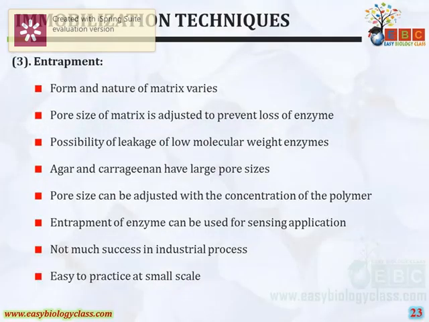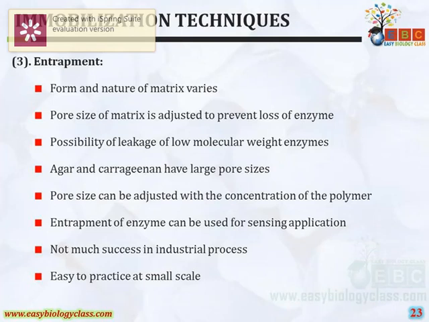How entrapment is carried out: here we can form the pores of these matrices. The pore size of the matrix is adjusted to prevent loss of enzymes, and the possibility of leakage of low molecular weight enzymes is more. Agar and carrageenan have larger pore size, that's why they can be used for this entrapment.